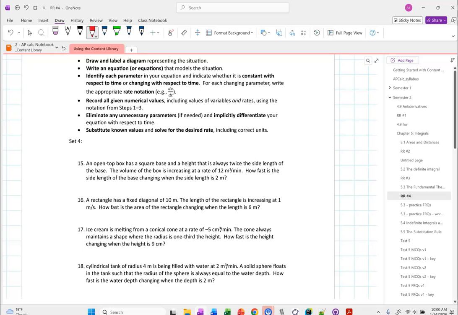Where would you guys like to start on set 4? Which one do you think is most challenging? Well, I think visually, 18 is the most challenging because it's hard to picture what's going on.